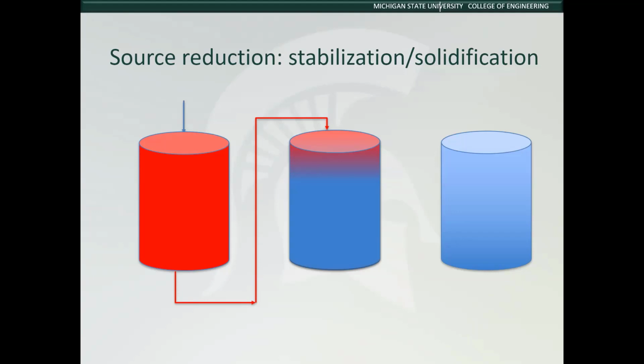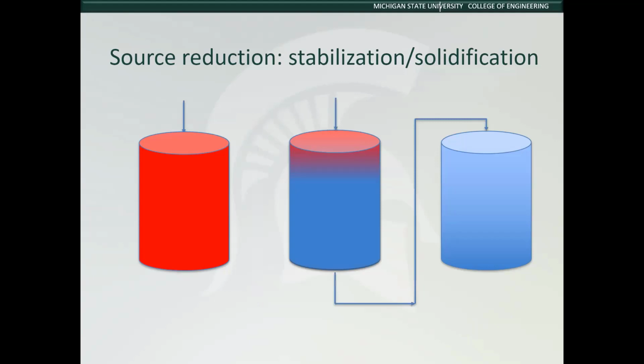At that point, we can isolate the first column. The second column becomes the first column, and the additional column becomes our second column. We take that first column and material, and we can look at stabilizing and solidifying that material.